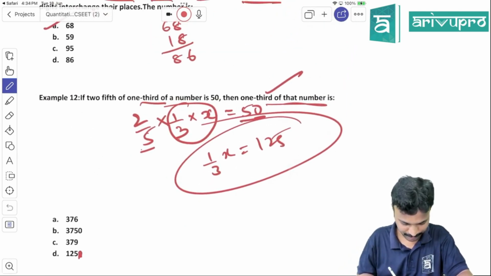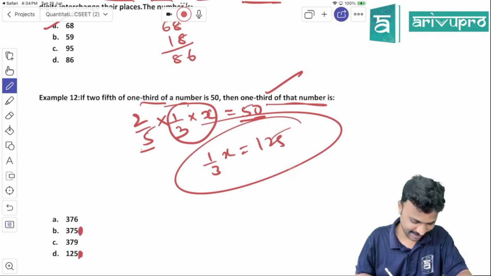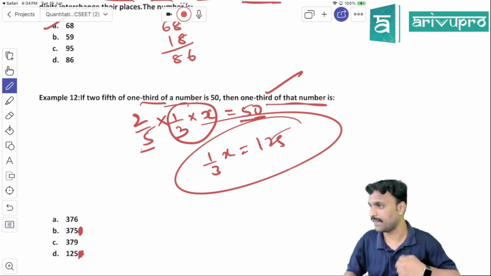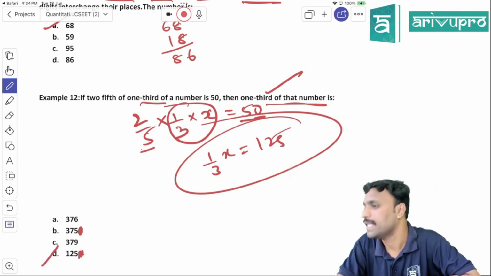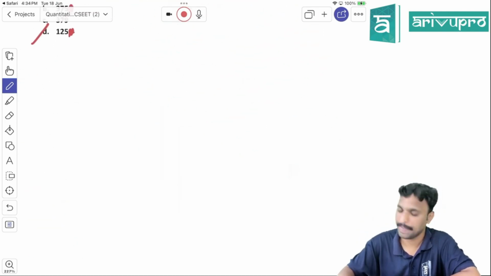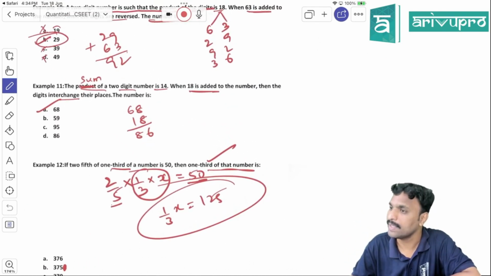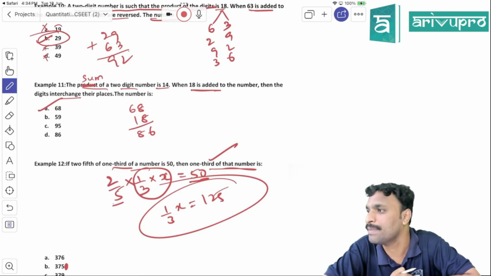So the answer is 125. Understood? Clear? This concludes the decimal and fraction concept. How is the concept difficult?